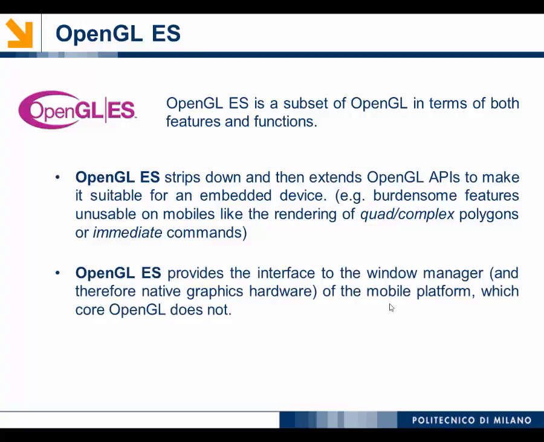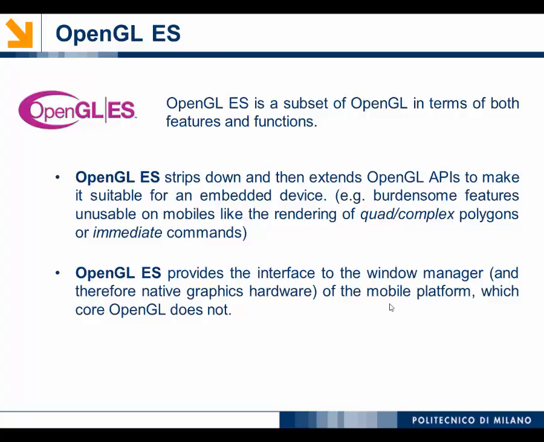Another thing which is peculiar about OpenGL ES is that you have all the interface required for managing windows. Since OpenGL wants to be as cross-platform as possible, it doesn't care about how you create the portion of screen on which you put everything you draw.